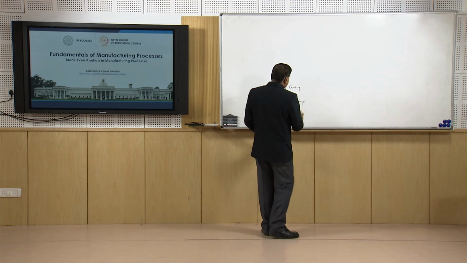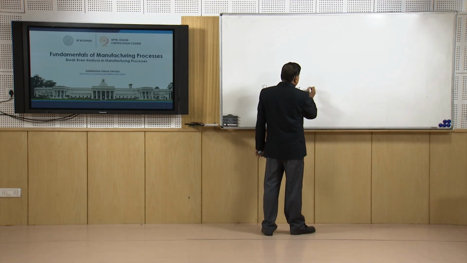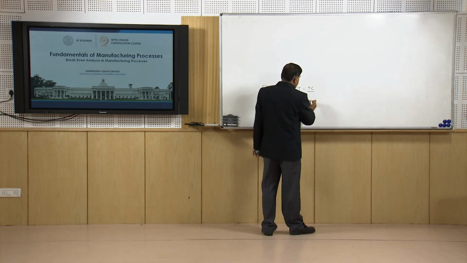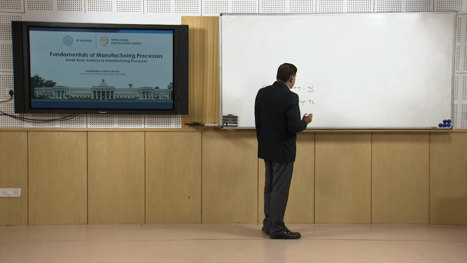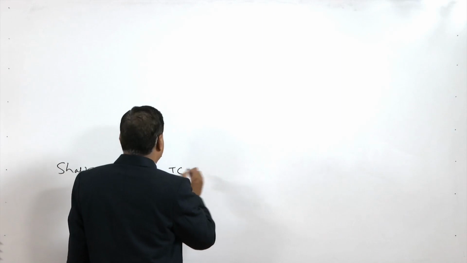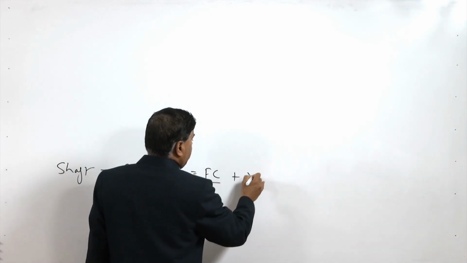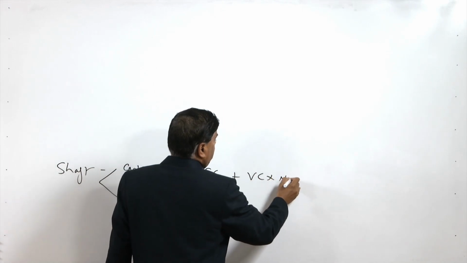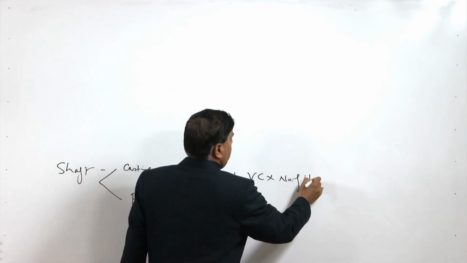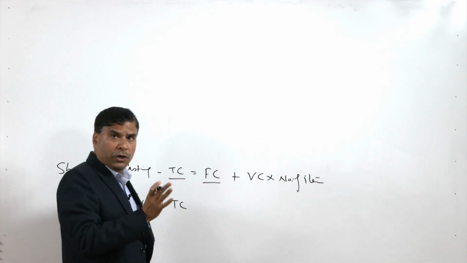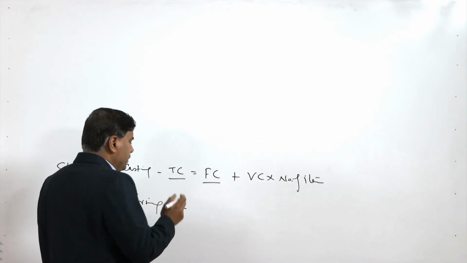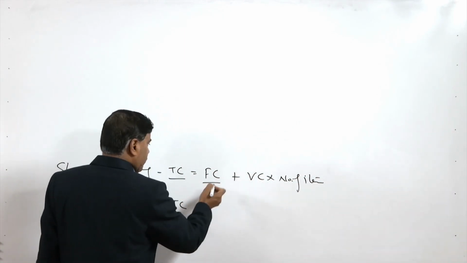So, in this case we will be determining the TC for the casting and the total cost for the forming. And how is it determined? The total cost is the fixed cost plus the variable cost into the number of products or volume of the units to be produced for the casting.